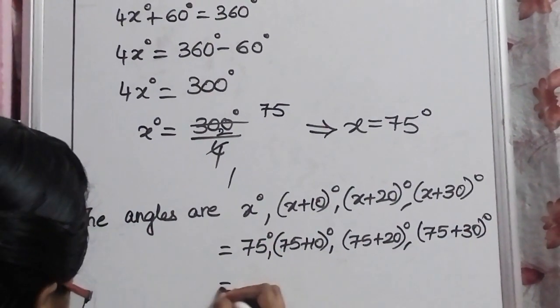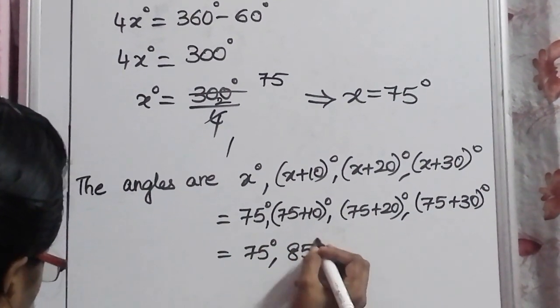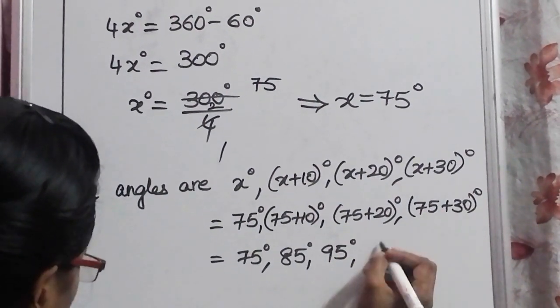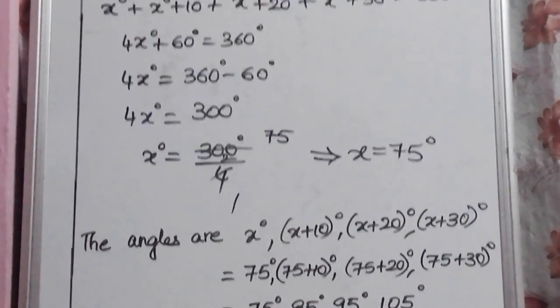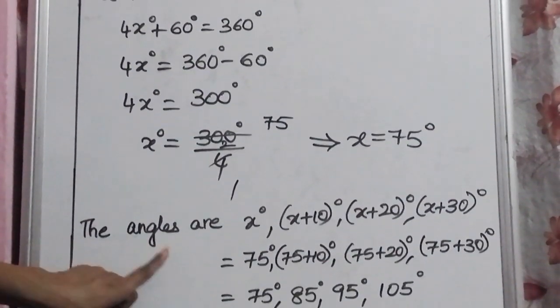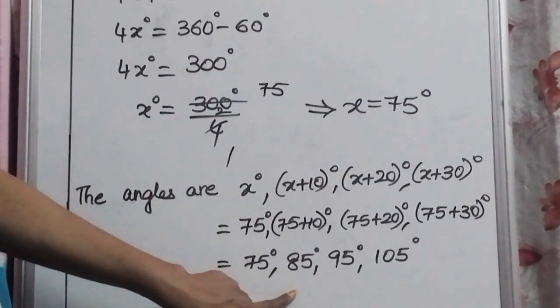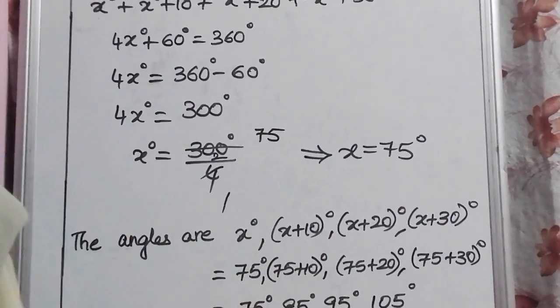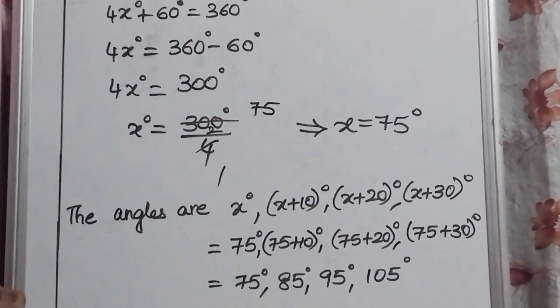So this is nothing but 75 degrees, 85 degrees, 95 degrees, and this is 105 degrees. Understood? You got the angles as 75 degrees, 85 degrees, 95 degrees, and 105 degrees. Understood this? Copy in your classwork books, children.